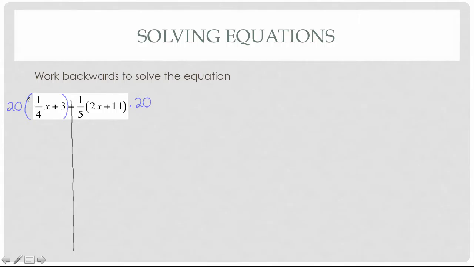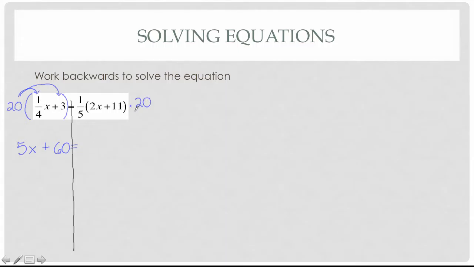And watch what happens. So we have 20 times 1/4. 20 times 1 gives me 20, divided by 4 gives me 5. That becomes just 5x. Now I have to use the distributive property, so the 20 also multiplies the 3 to get 60. So make sure you don't forget that. That's going to be what some of you mess up on. You're going to multiply the fraction and you're going to forget to multiply all the other stuff.